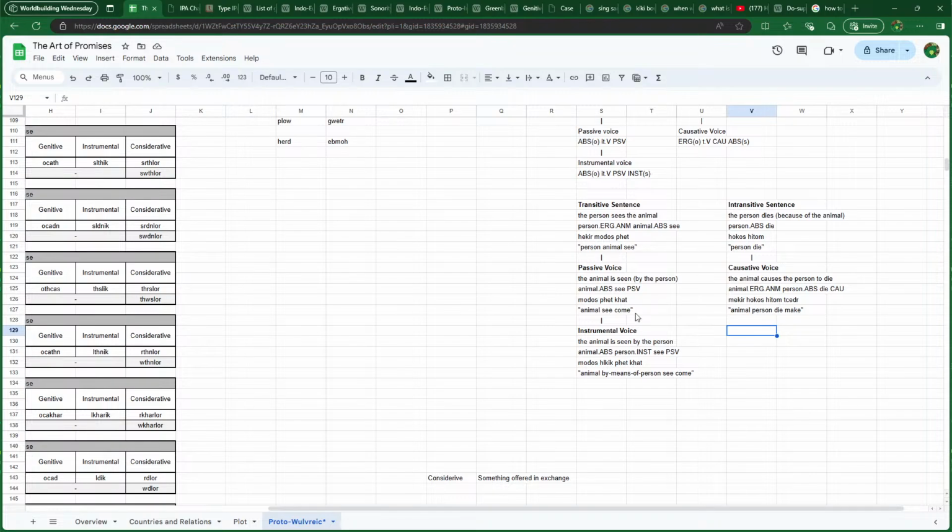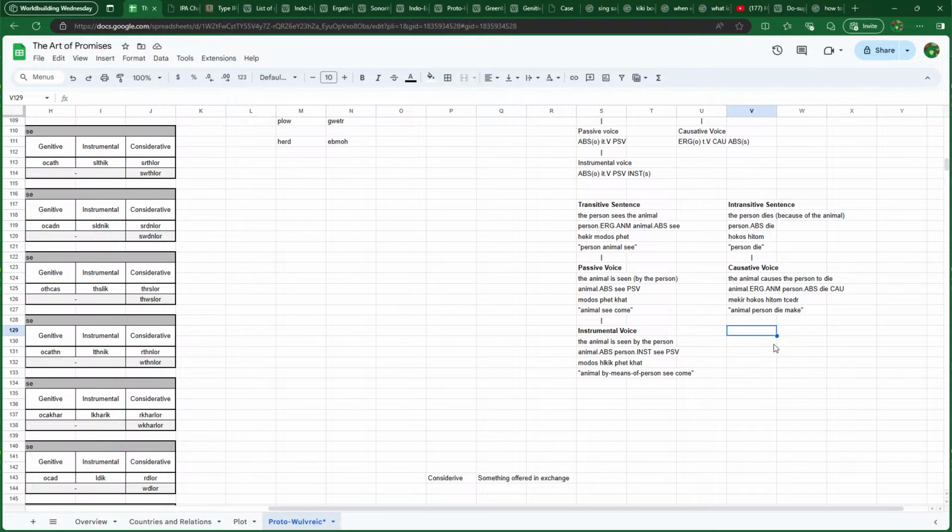I think that both the causative and the passive voice can become an instrumental, but they take on different forms, right?